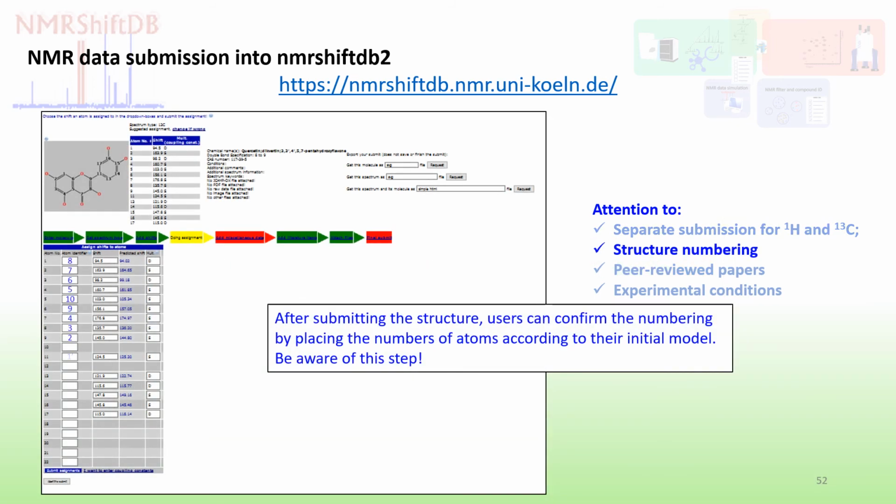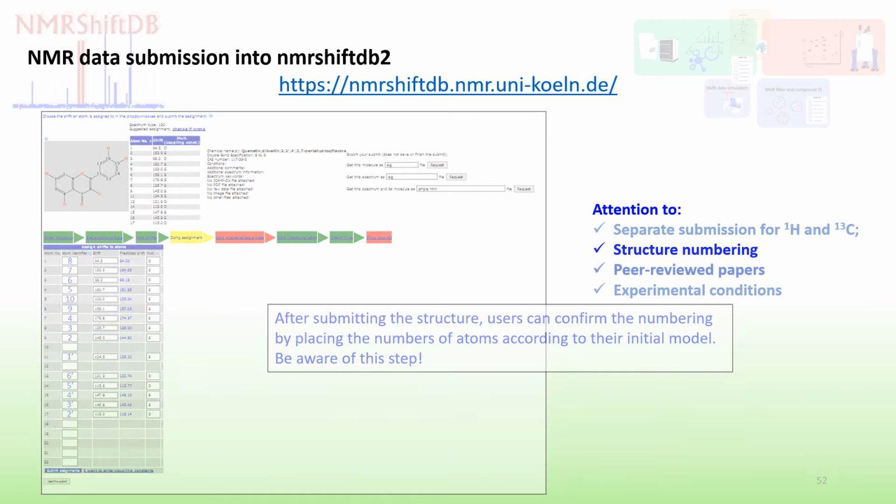And most important, the numbering should always be checked and reassigned if necessary. For most cases, the biosynthesis derived numbering system does not match the atom number yielded by Marvin JS. So be aware of this step. Correct assignments are very important for future work.